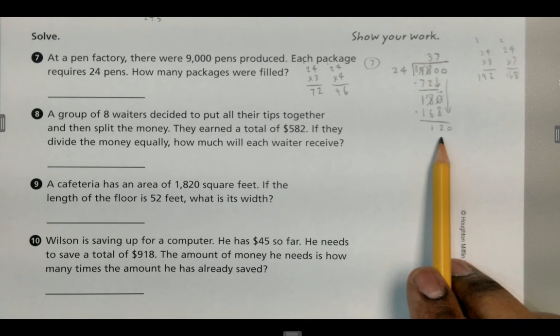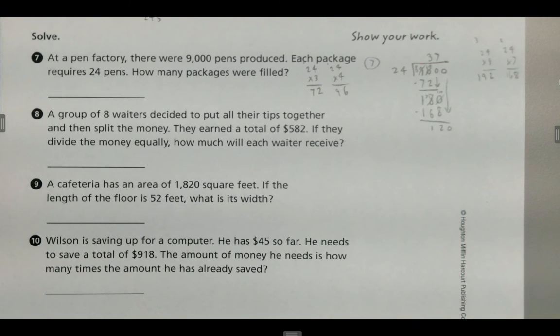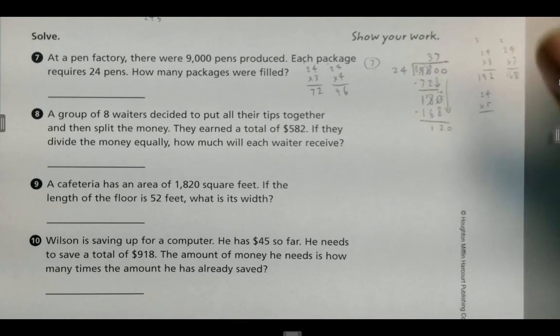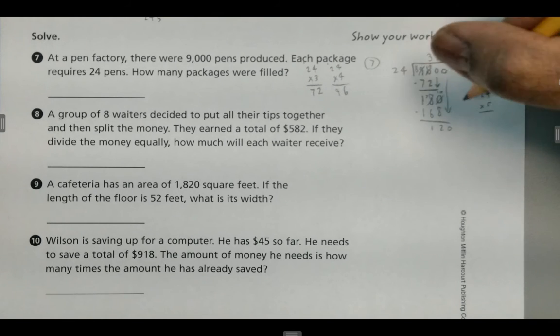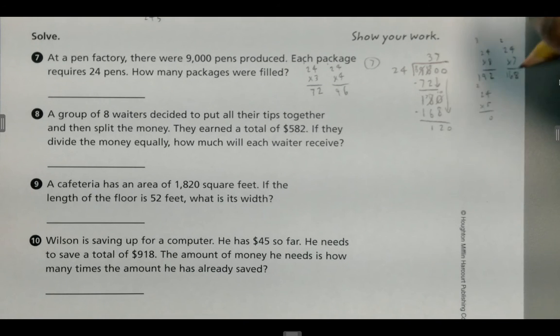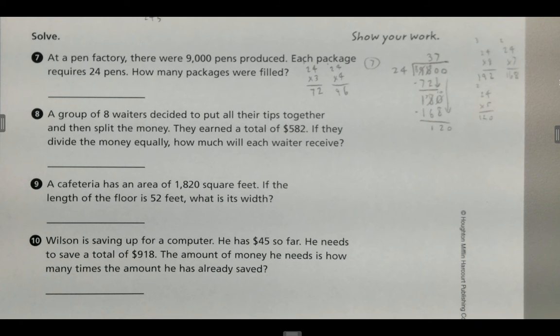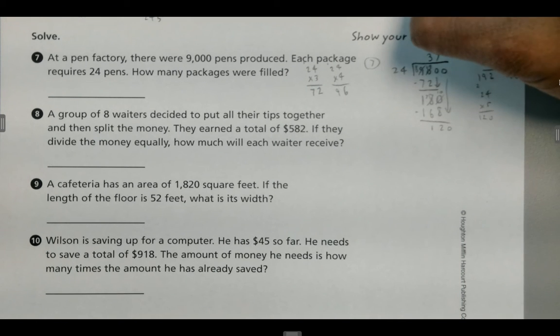I'm going to test out 5. Actually, I got a good feeling about 5. 24 times 5. 5 times 4 is 20. The 0 comes down, 2 gets carried. 5 times 2 is 10, plus the 2. Ding, ding, ding. Right on the dot.